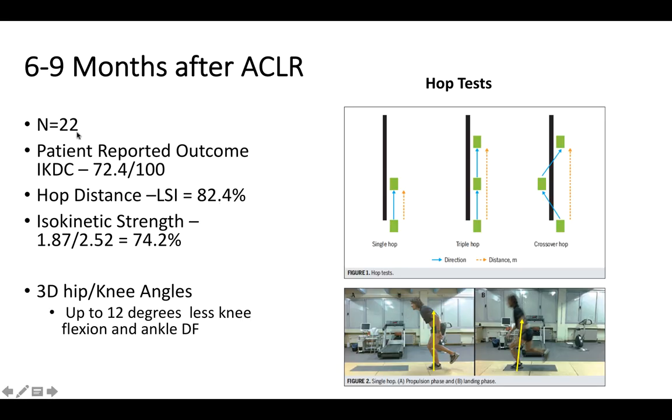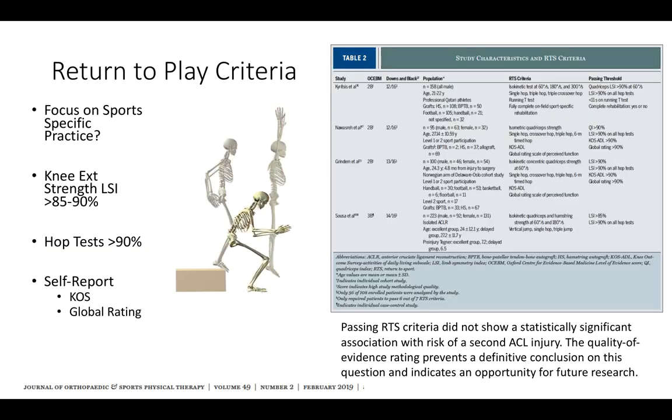So what did they find? They found that essentially the self-report was 72% of normal, hop distance was about 80%, and isokinetic strength was still only 75% of the uninvolved side. So this really leaves us in a quandary when we think about return to play criteria.